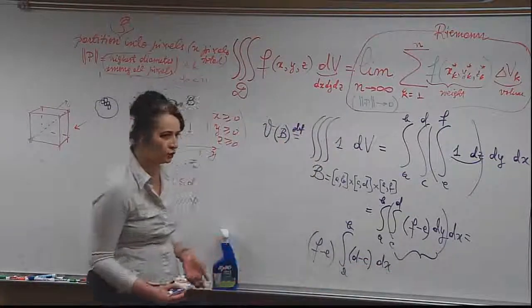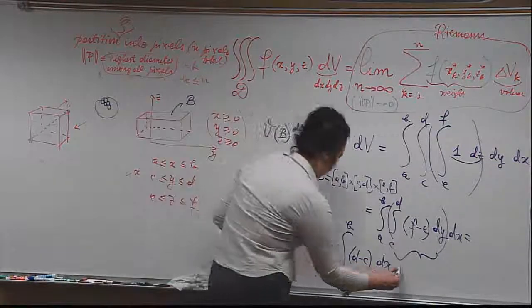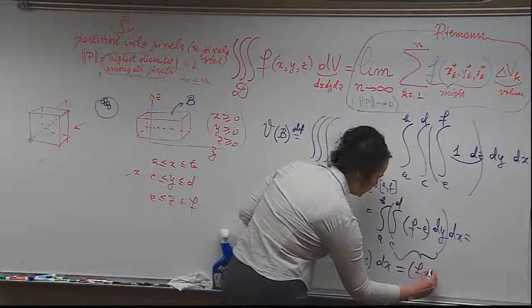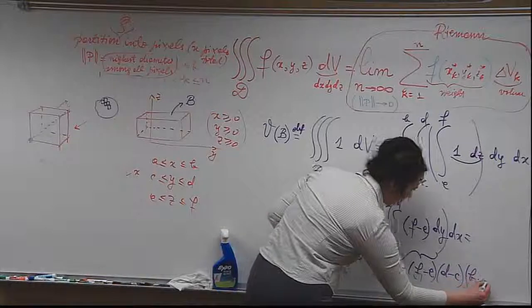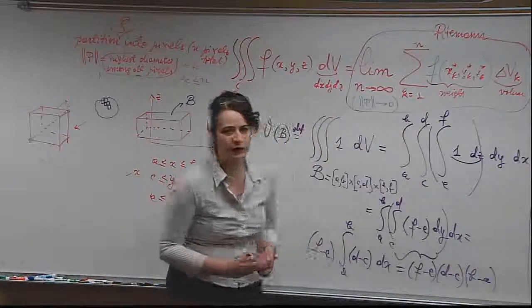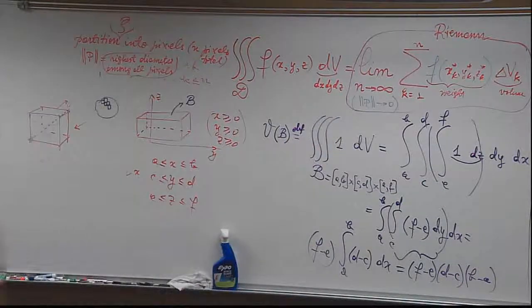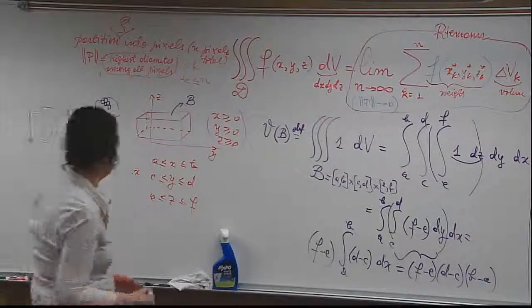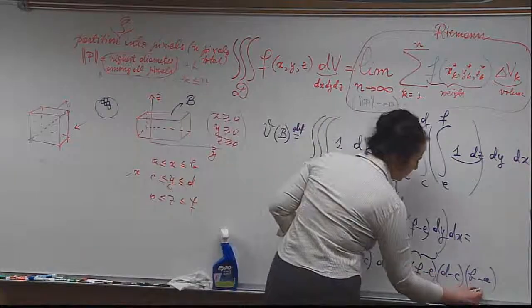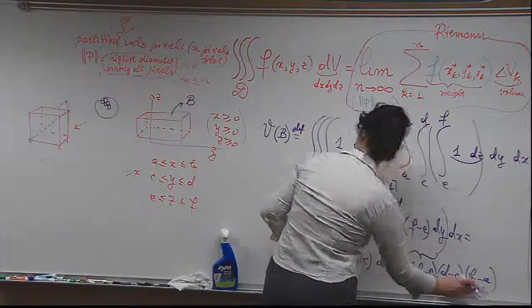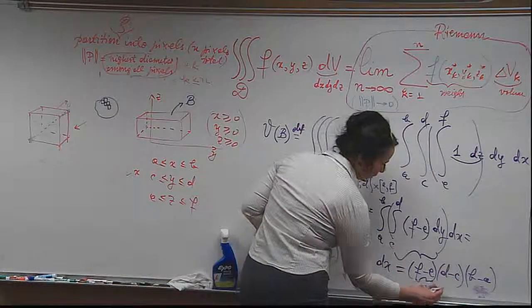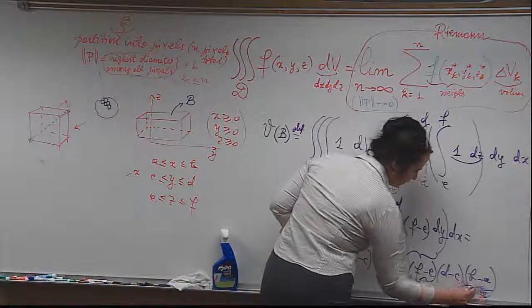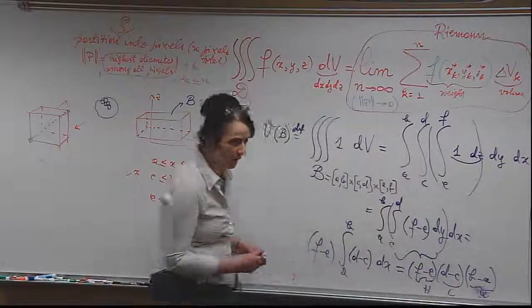And so on and so forth, until I get f minus e times d minus c times b minus a, and goodbye, because this is the volume of the box. This one is the height, this is the width, and this is the length, whatever you want, okay?